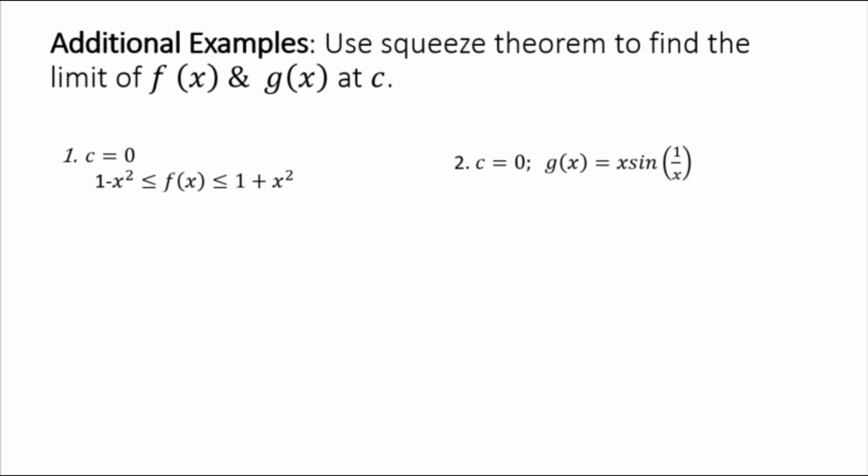What is nice about this problem is, although we do not know what f of x really is, the two sandwiching functions are provided for us. We have 1 minus x squared and 1 plus x squared. On the other hand, in number 2, we have the function g of x equals x sine 1 over x. So g of x is given, but the sandwiching functions are not given, unlike this one.